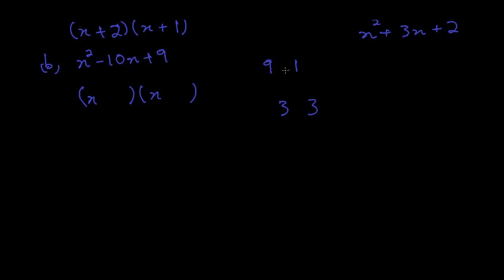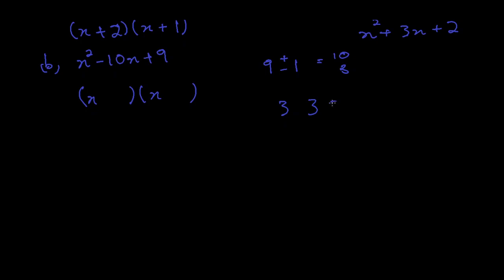Remember guys, here we're looking for factors. We do not square this number. We're looking for factors that, when you add or subtract, give you the middle term, in this case 10. When you add 9 and 1, they give you 10. When you subtract, they give you an 8. So these are the correct terms.